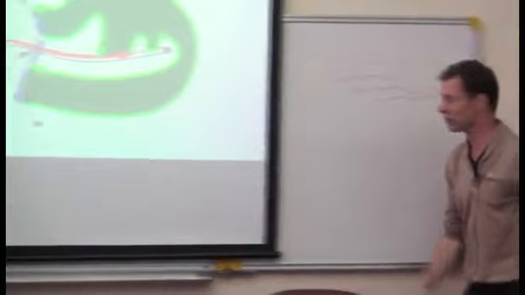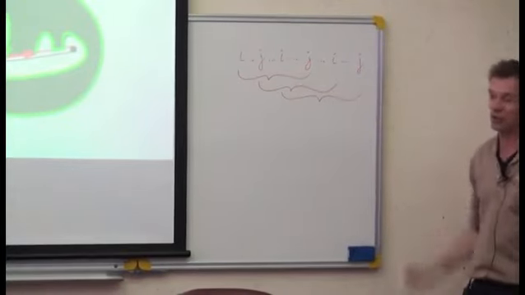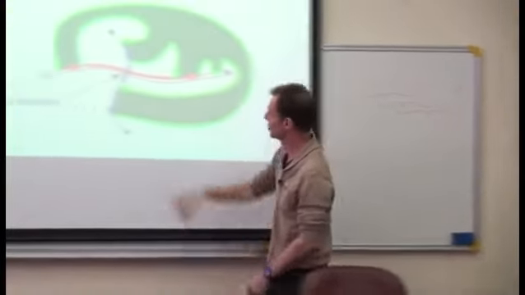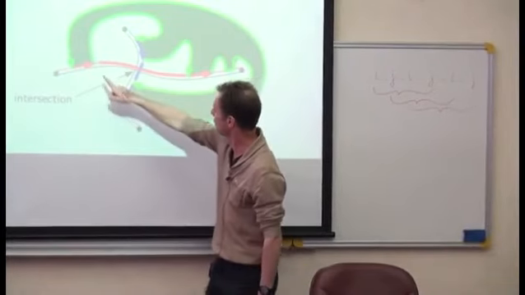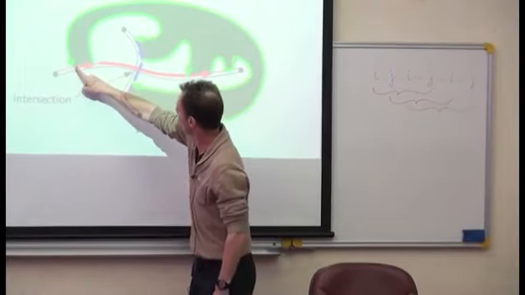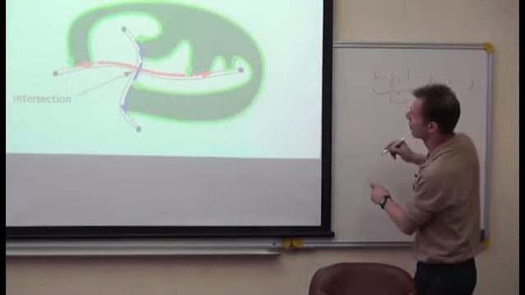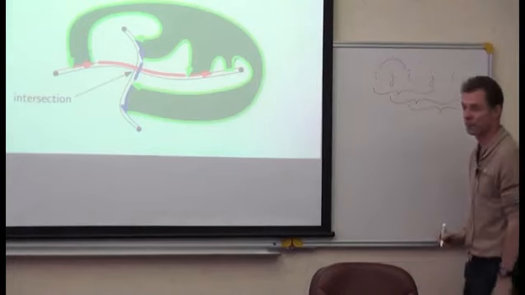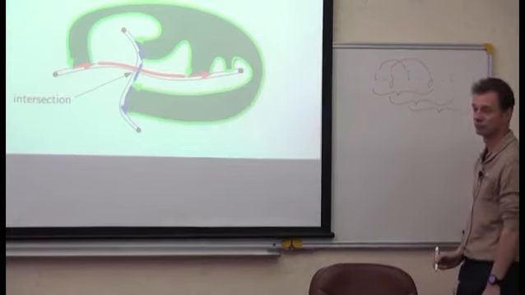Then I want to argue that the intersection you get for this one cannot be the same as the one you get here. And this is because here the intersection is between this part of the curve with this one, right?